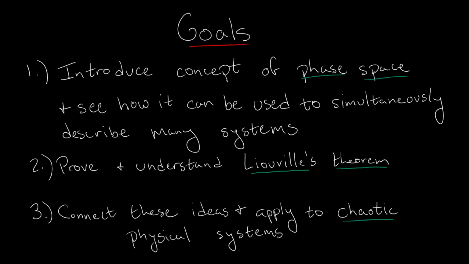We'll use this language of phase space and Liouville's theorem in order to really pinpoint what we mean by a chaotic system. This is just to give a specific example of where this stuff might be useful, but of course it's useful in plenty of other contexts as well.